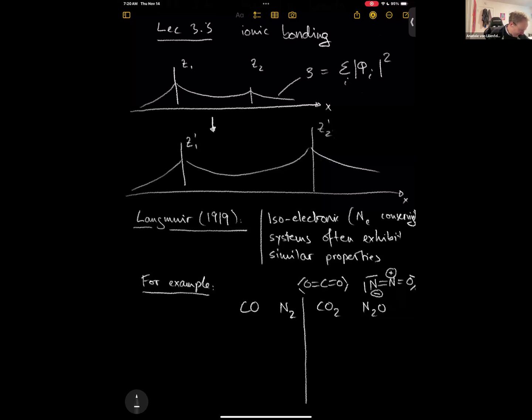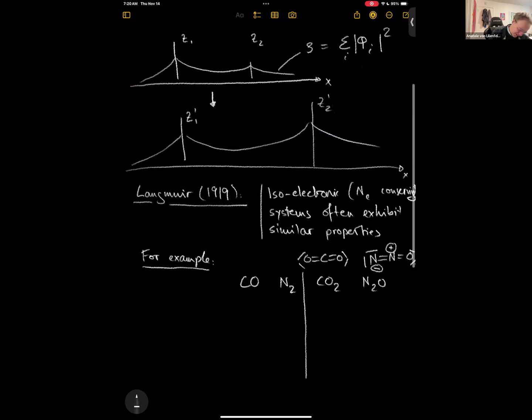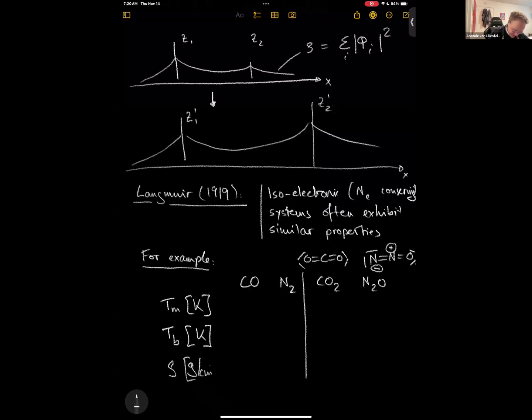And now let's consider some properties. In particular, we'd like to look at the melting point in Kelvin, or the boiling point in Kelvin. Also, the normal density, the mass density, gram per centimeter cube.